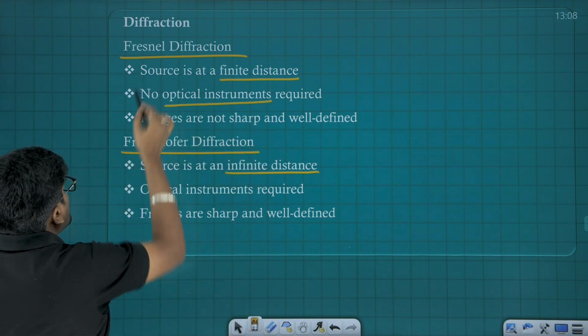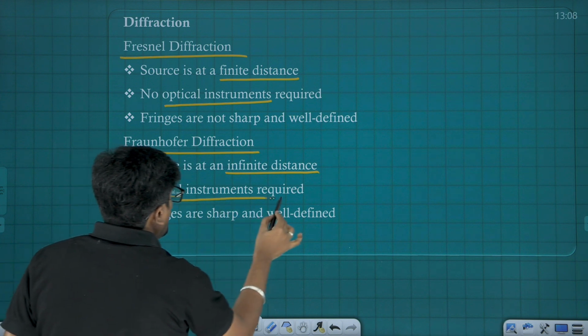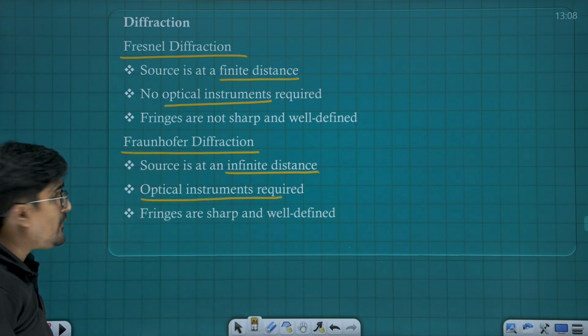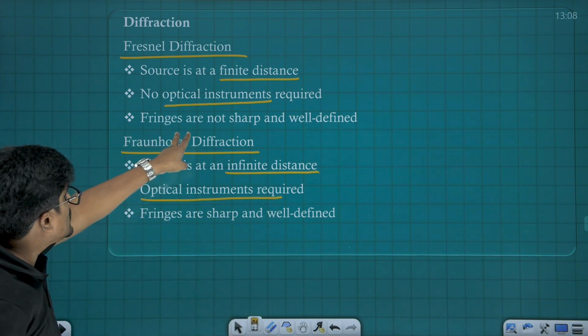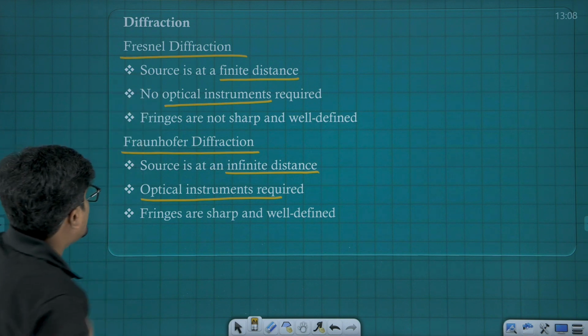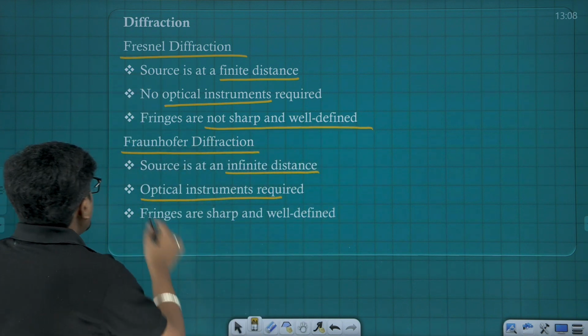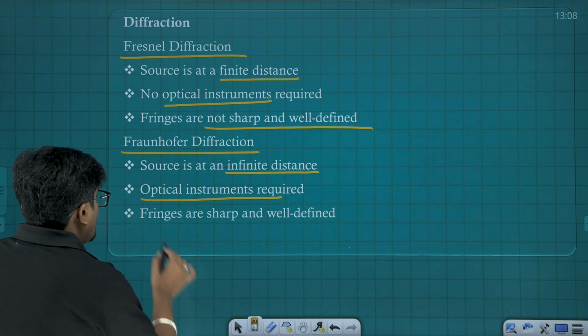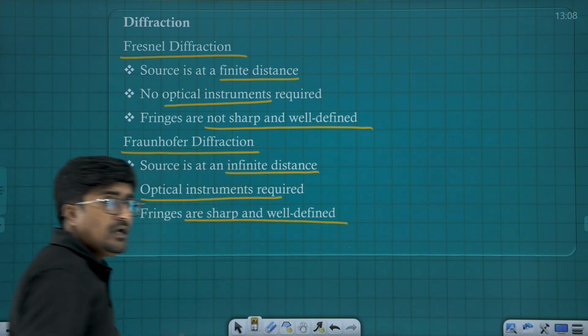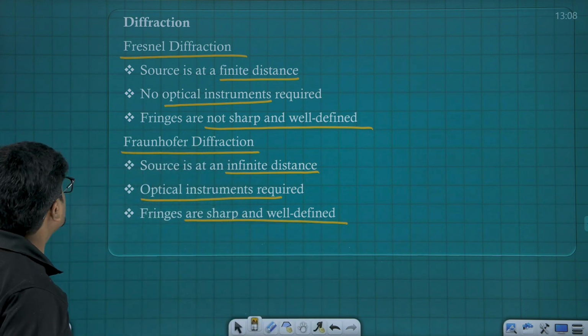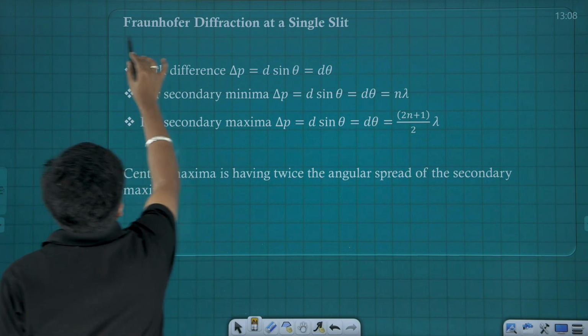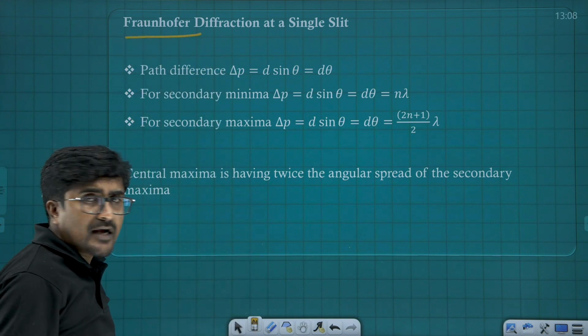Okay, and for Fraunhofer, we need optical instruments. Alright, and for the fringes, in case of Fresnel's, the fringes are not sharp as well as well defined, but in case of Fraunhofer, the fringes are sharp as well as well defined. And for the further studies, we are going to consider Fraunhofer's diffraction.